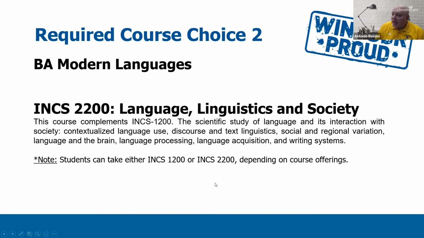Regional variations, and also biology notions, language and the brain, language processing, and how we acquire a language at a tender age. So language acquisition, or at a later age. So child language acquisition and adult language acquisition.